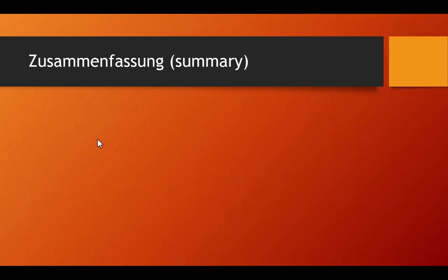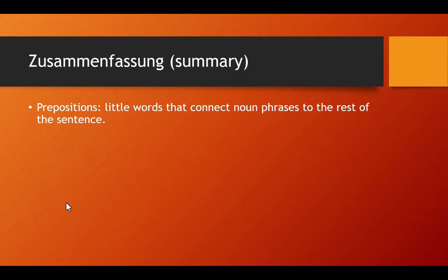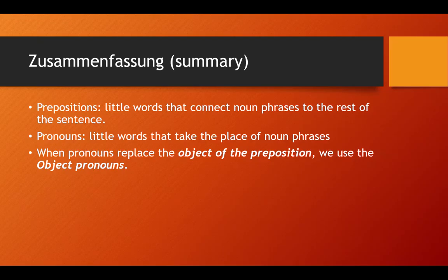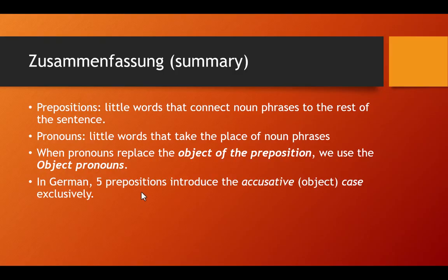Okay, so let's wrap it all up real quick. Everything I just said in 9 minutes in less than a minute. Let's see if we can do it. Prepositions are the little words that connect noun phrases to the rest of the sentence: in, on, out, for, and by. Pronouns are little words that take the place of noun phrases: I, you, he, she, we, they, me, etc. When pronouns replace the object of the preposition, we use the object pronouns. 5 prepositions in German introduce the accusative case, which is the object case.